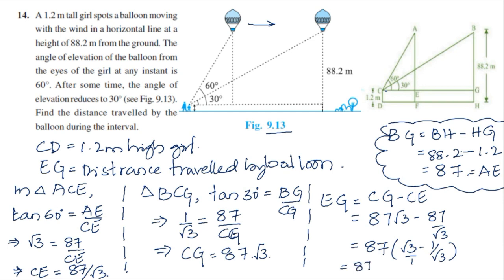So 87 into 2 by root 3. I would like to multiply root 3 and divide by root 3 so that it becomes only 3.